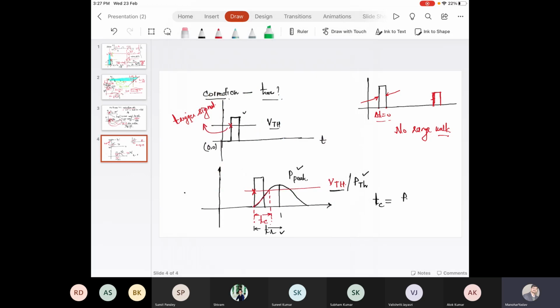If you see over here, this particular shape has P peak and TR.